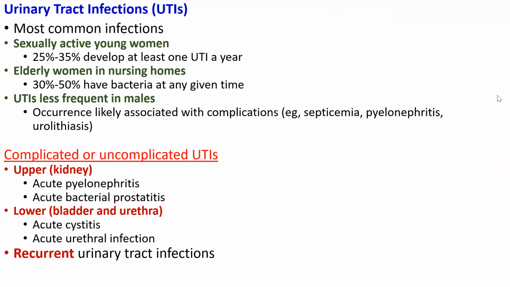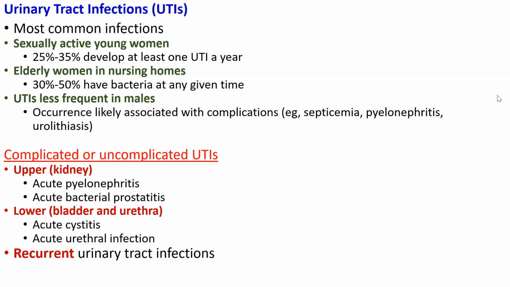Like in sexually active young women, 25 to 35% would develop at least one episode of UTI annually. And in elderly women in nursing homes, 30% up to 50% would have bacteria at any given time, and UTI is less frequent in males, and its occurrence is likely associated with complications like septicemia, pyelonephritis, kidney stones or urolithiasis.